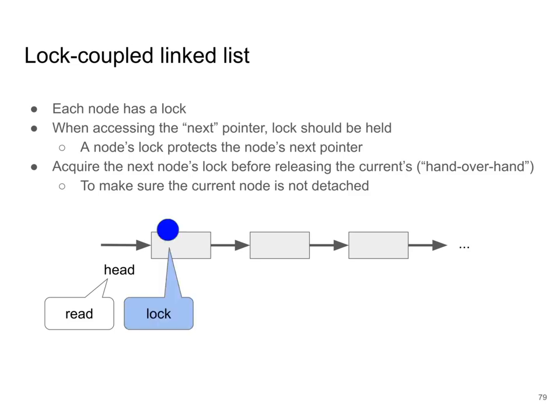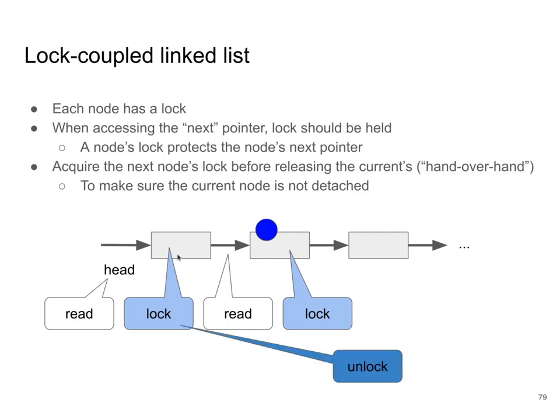Let's see this again. You lock this, and you read this. As long as this lock is held, you are guaranteed that this node will not be deallocated. After that, you acquire the next node's lock, and it is guaranteed that both nodes will not be deallocated. You know that they exist.